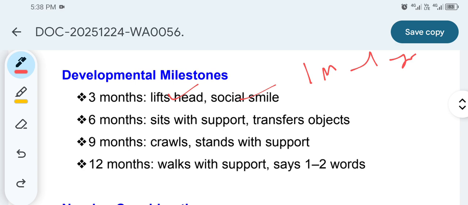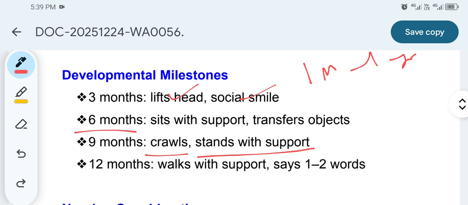By the time they are reaching 6 months, they should be able to sit with support. Okay, they should be able to transfer an object from one hand to another. If you buy them toy cars, they are able to move them from one side to another. That's what we mean. By the age of 9 months, they should be able to start crawling, moving with their knees, and be able to stand with support.